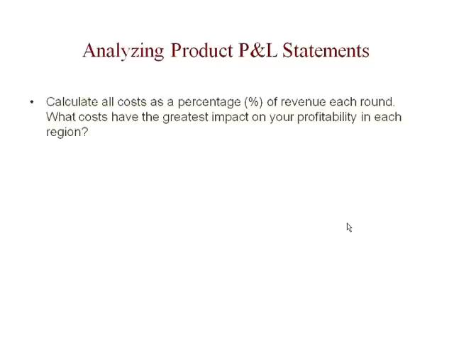Now, some suggestions for analyzing your profit and loss statements, especially the product level profit and loss statements, is that you would like to calculate all your cost components as a percentage of revenues each round. And then try to understand which of these costs have the greatest impact on your profitability in each region. This provides you information regarding which cost components require immediate attention, which regions require immediate attention.